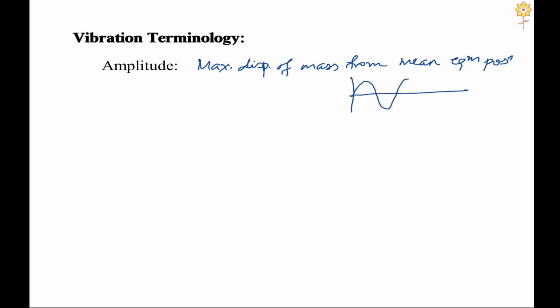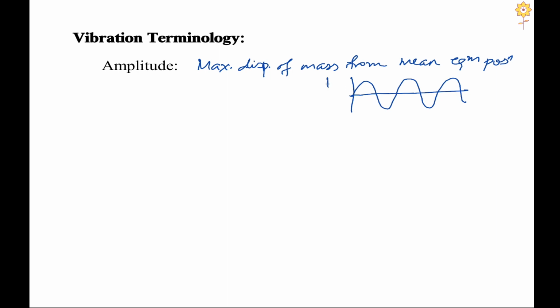Amplitude, it is the maximum displacement of a mass from its mean position. Maximum displacement of mass from the mean equilibrium position. Suppose I am denoting the motion something in this manner.